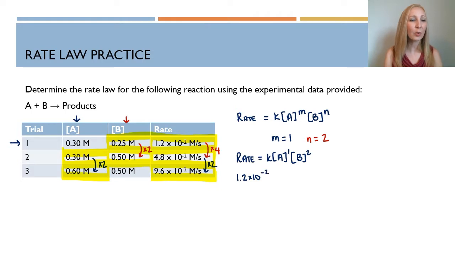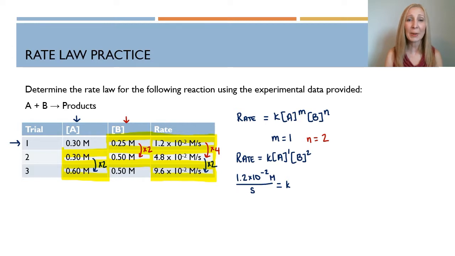So using trial 1, the rate is equal to 1.2 times 10 to the negative 2. And that is M per S, so molarity per second. The K is what I'm trying to find. And then I'm going to substitute in my concentration for A, which is 0.30 molarity.